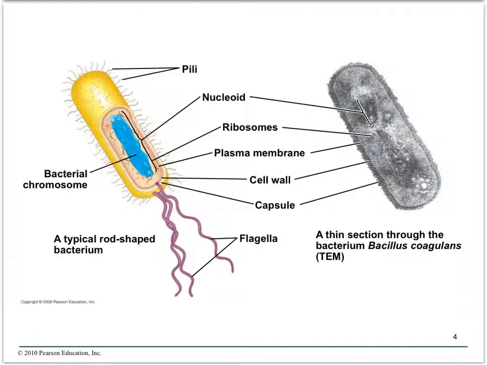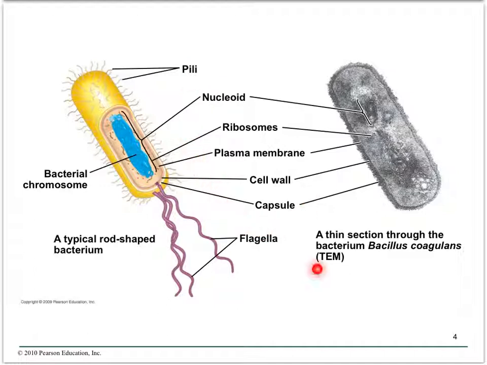These pili are structures that the bacteria use to exchange genetic material or dock on different cells. So you can see that it does have some structures or organelles in it.